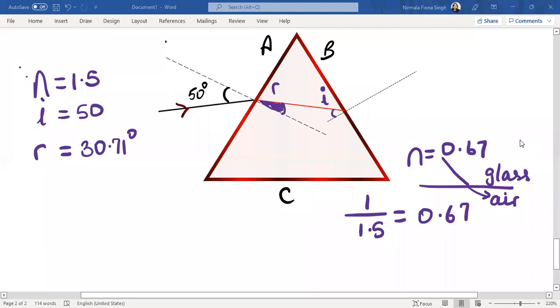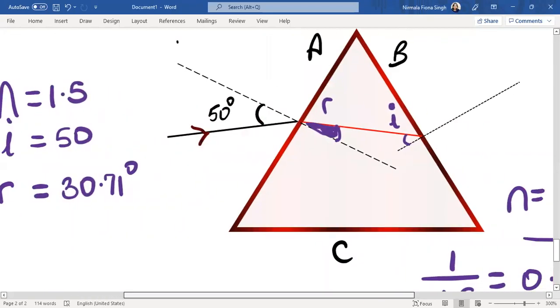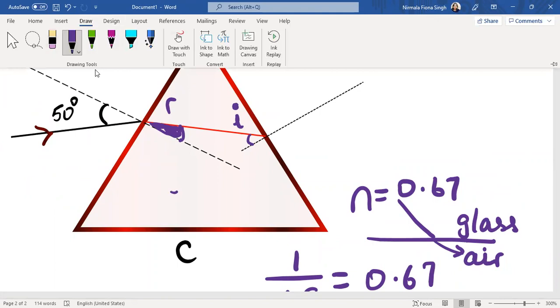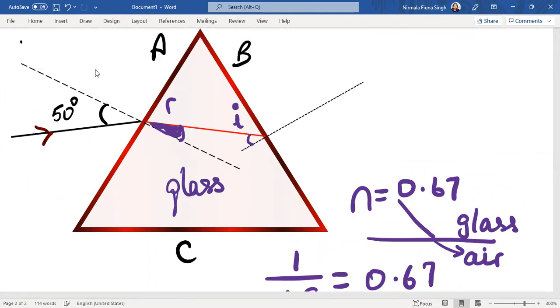So this is where the question gets a little different. Now, on this side of the board, let me just zoom in so you can look at the next side. When you are moving from glass, now here we are in glass, all right, we're moving from glass to air.